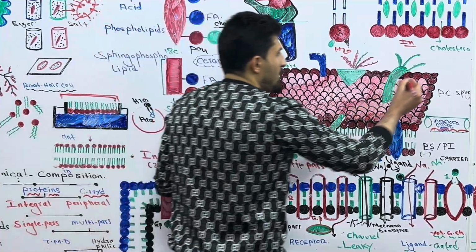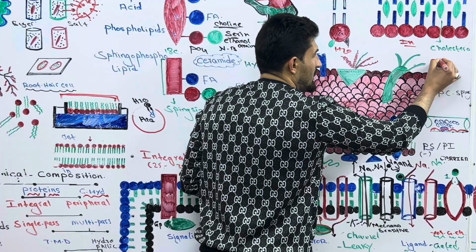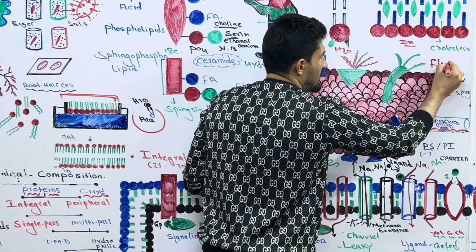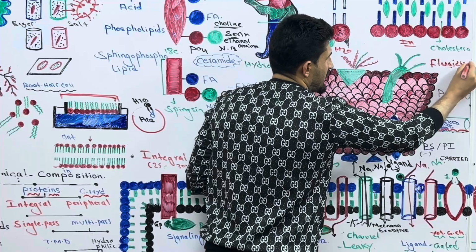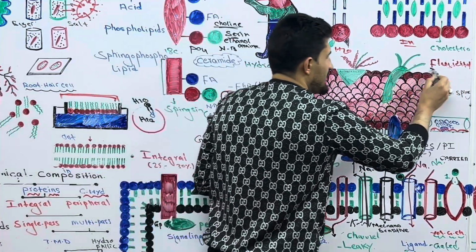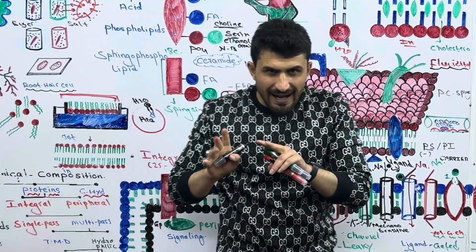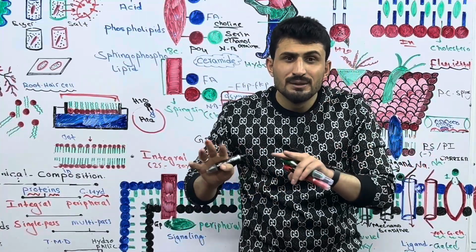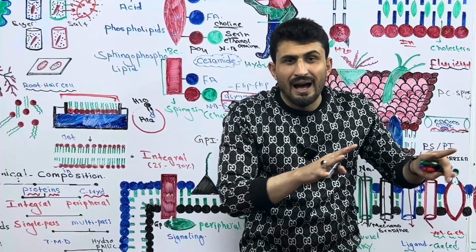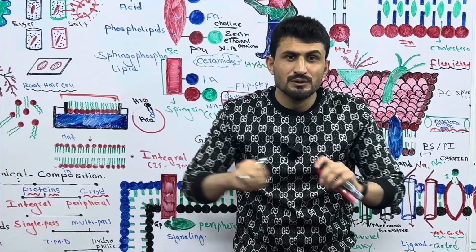It means that the fluid mosaic model has fluidity. What do I mean by fluidity? Fluidity means that the cell membrane has lateral movement, or these lipids in our cell membrane have lateral movements.